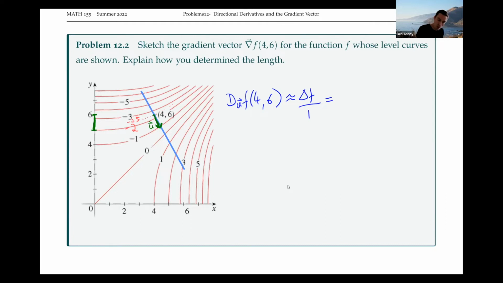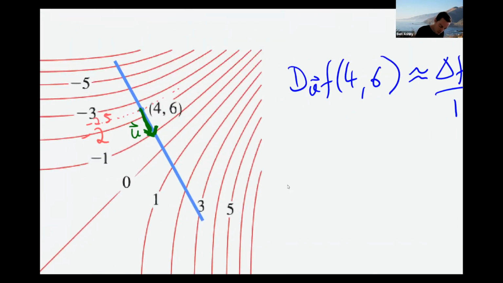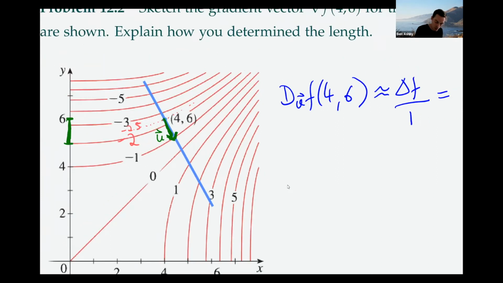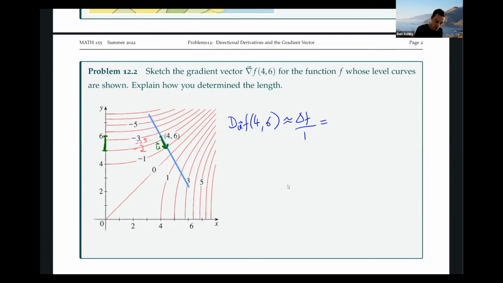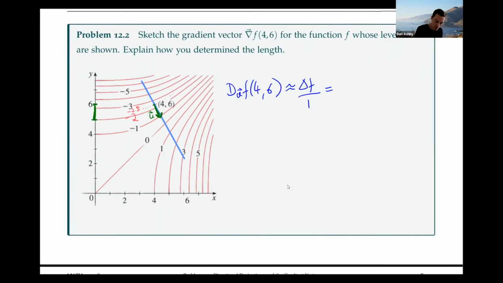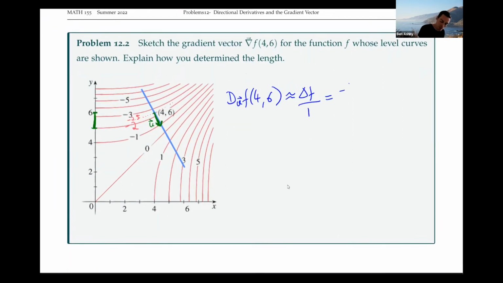Because that u happens to just about sit on this level curve at -1, we know that the endpoint of our unit vector is -1. So we can write -1 here, and we're starting at roughly -2.5. This then gives us a directional derivative of 1.5.